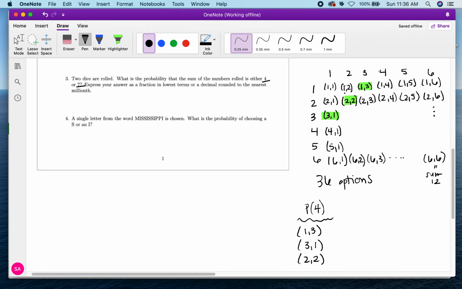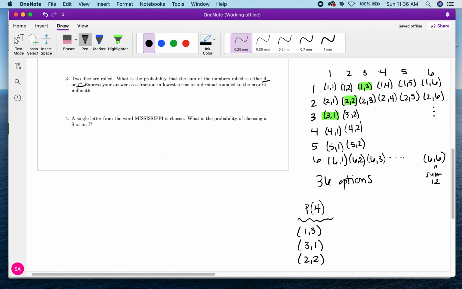That's the only one in that row and column. Here's a 2 2. If I finish this column with the 2s, it would be a 3 2, a 4 2, a 5 2, and then a 6 2.